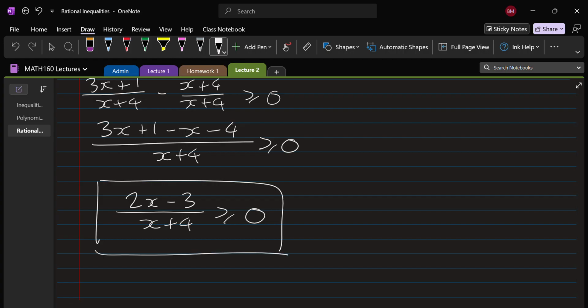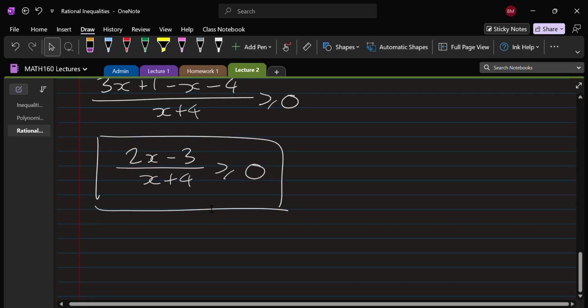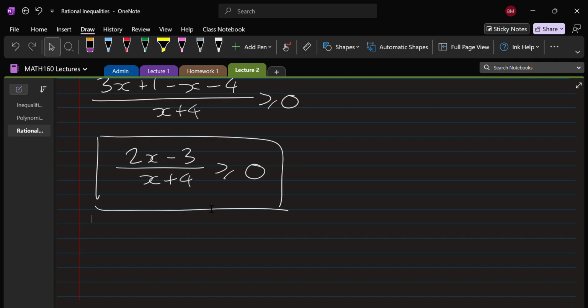Okay, and now it's in that correct form that we want. We've got some rational expression, either positive or negative. It can be greater than or equal to 0, less than or equal to 0, as long as you've got the 0 on that side. So we go through the steps again. Critical values, that's where the numerator and the denominator are 0.